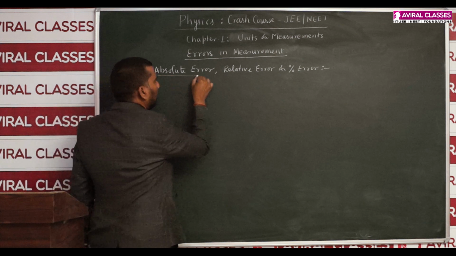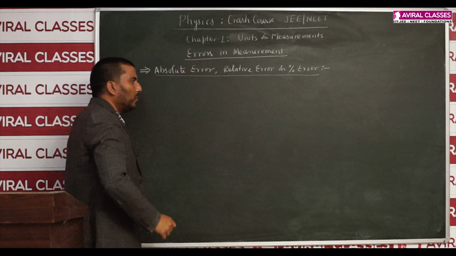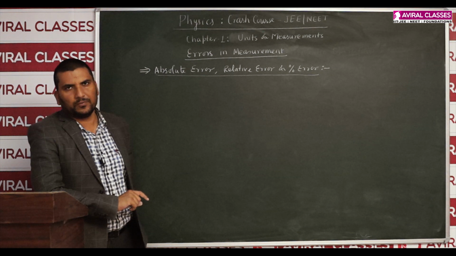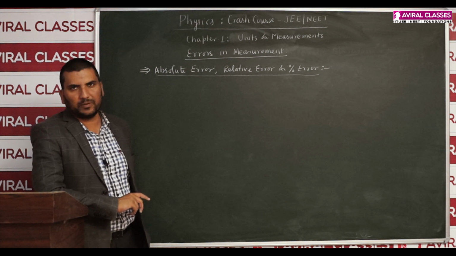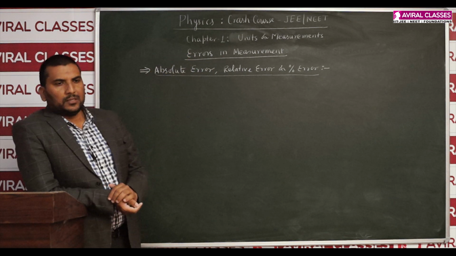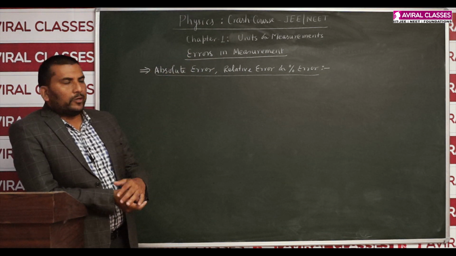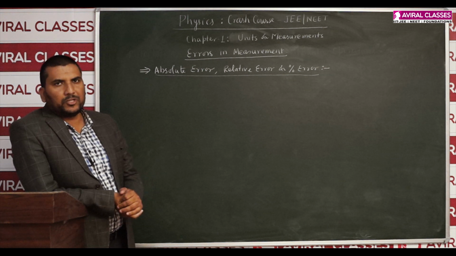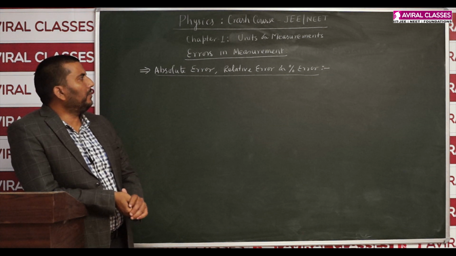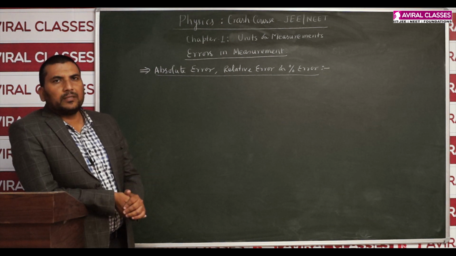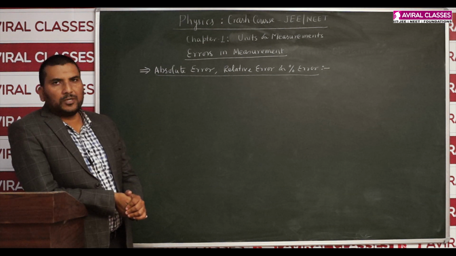As I already discussed, no experiment will give you the correct value. There are certain errors in each experiment. So this heading is basically a way to find out the errors, particular errors or percentage error, in any measurement. And it is very important. In any physical quantity, we must get the possible error in the measurement.